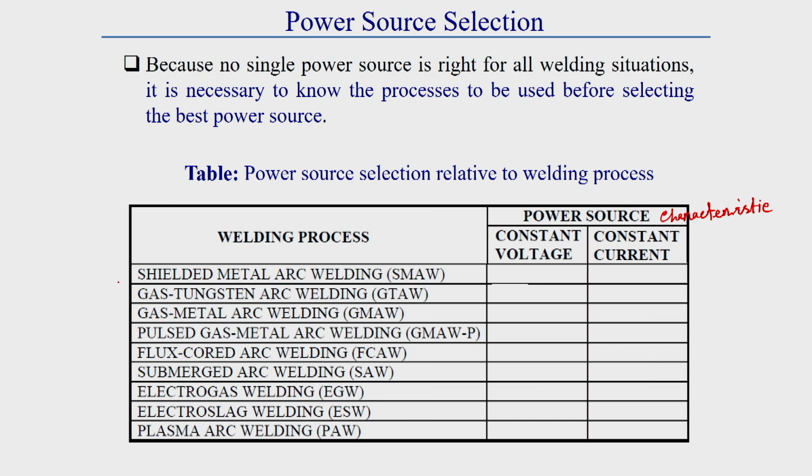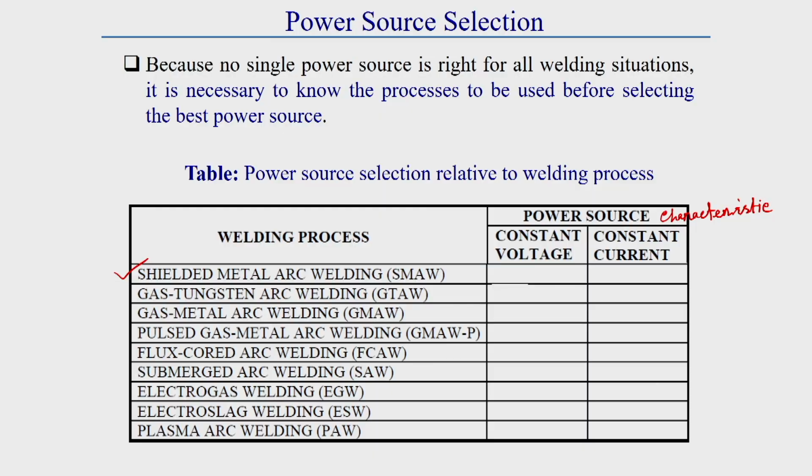Shielded metal arc welding, SMAW, is a manual welding process. From the previous discussion, here we should prefer constant current power source characteristics. Constant voltage characteristics are not preferable.